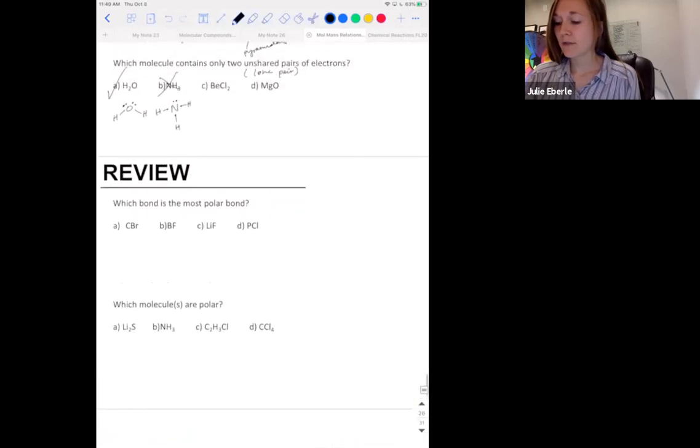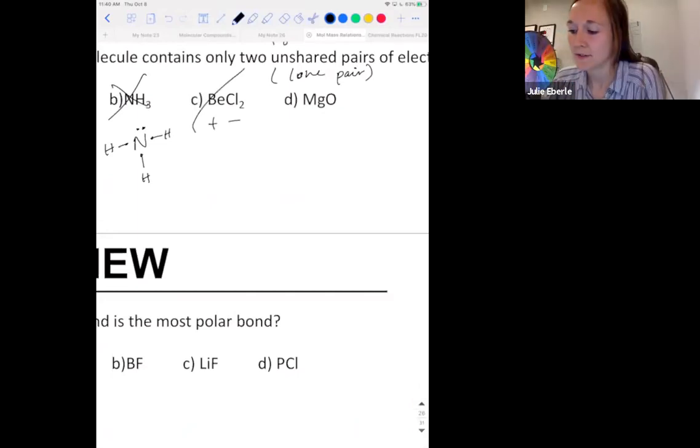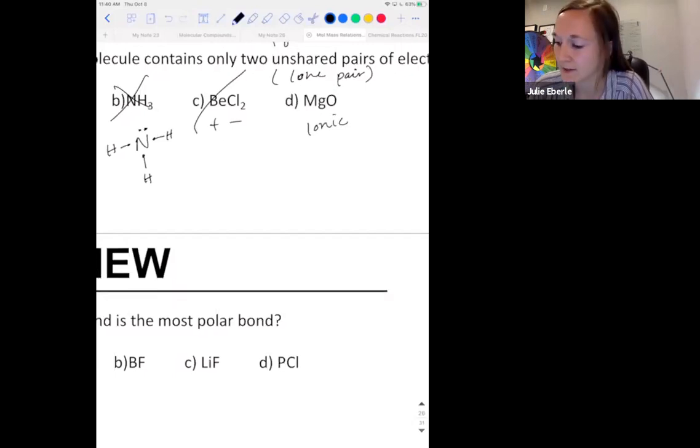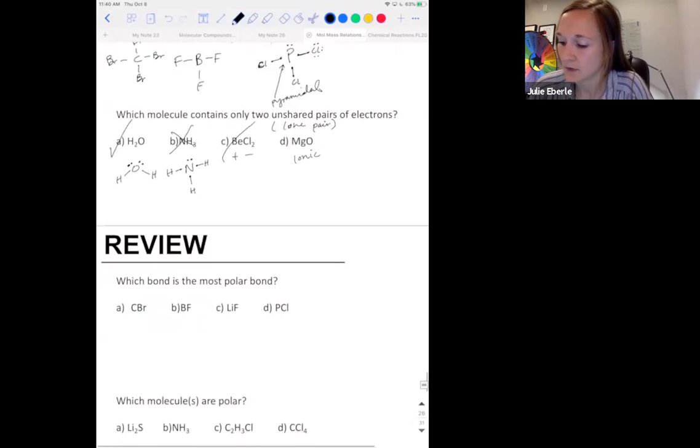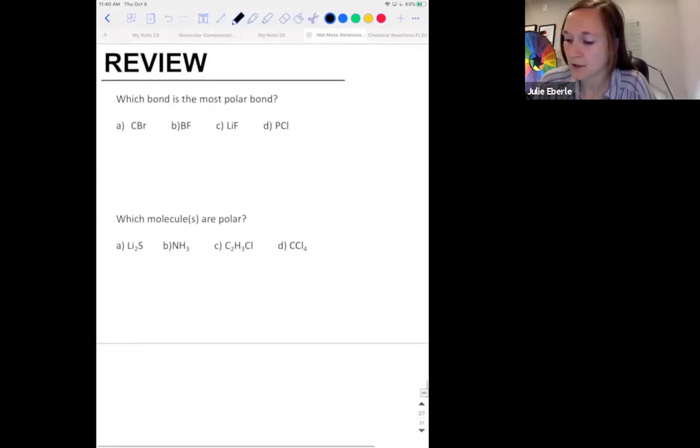First off, this is not even a covalent molecule. This is ionic. This is a cation and an anion. So we're not sharing electrons here. And MgO, guess what? That's a metal and a nonmetal. This is ionic too. We're not sharing electrons here. We're trading. So water is the only one there. Okay, we're still in chapter 4. Any questions on that before we just move on?